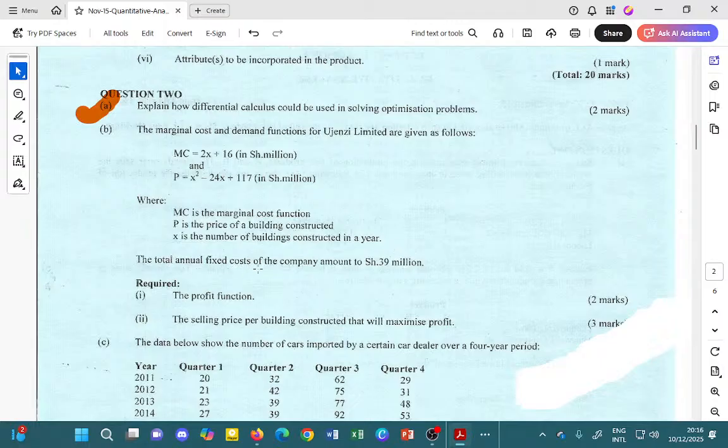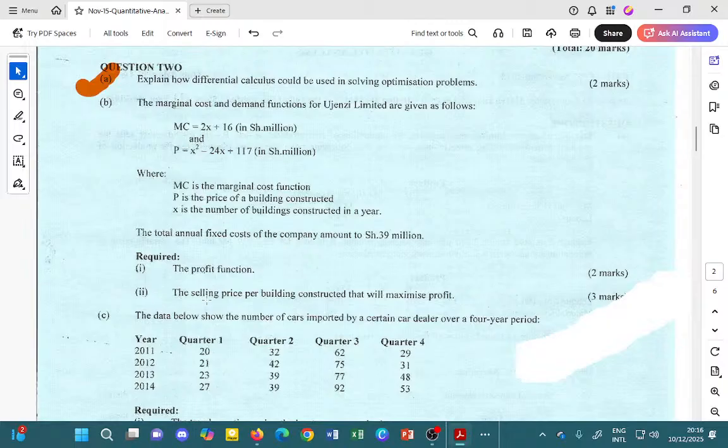The total annual fixed costs of the company amount to 39 million. You are required to get the profit function, that is 2 marks. Then second, get the selling price per building constructed that will maximize the profit. So this is how we set out to answer that question.